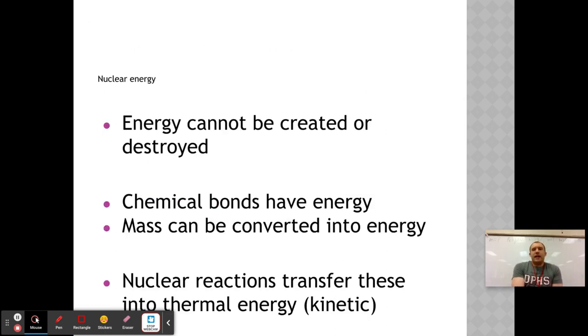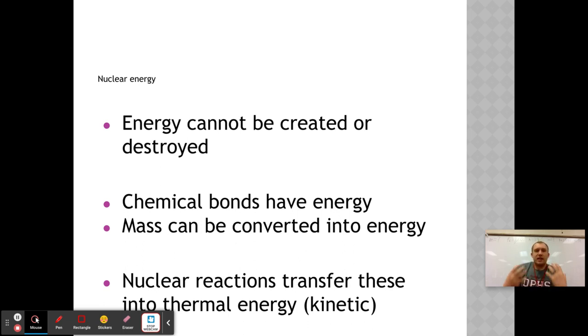A little bit about nuclear energy here. Just as a reminder, energy cannot be created or destroyed. So nuclear reactions are still just transferring energy around. Chemical bonds have energy. That's where chemical reactions get energy from. And mass can be converted into energy. That's what nuclear reactions are more using, actually converting mass into energy.